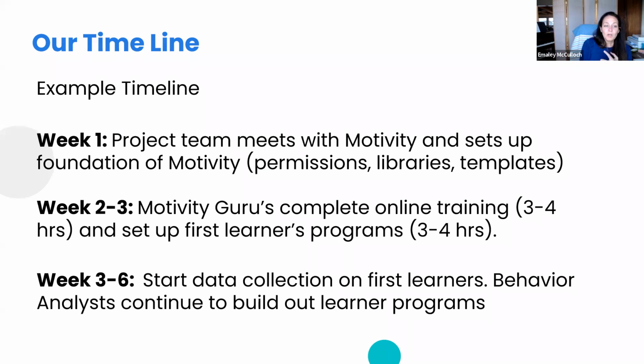Then you're going to work with that Motivity BCBA expert to set up the foundation of your Motivity account. So your permissions, your roles, inviting staff members to Motivity, setting up your libraries, session note templates, program templates. Now, that could also kind of carry over into the second week as well.